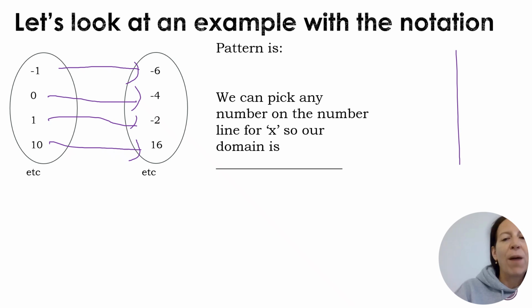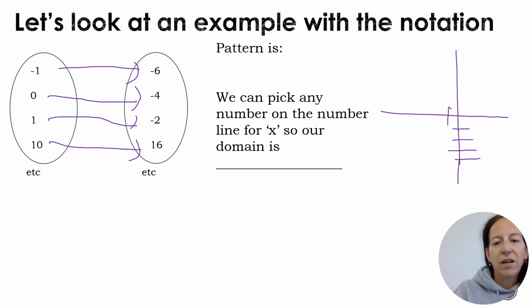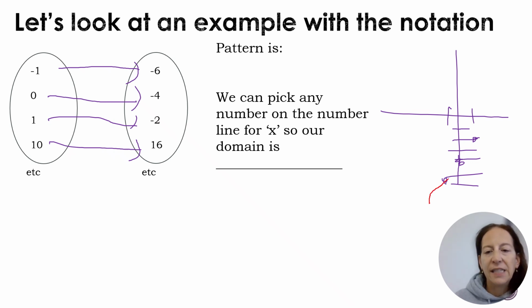What I would probably do, honestly, if I didn't know and have it in front of me, is I would graph it. So we got -1, that's -4, 5, 6. So there's a point down here. 0, -4, 1, -2, and 10, 16, I can't really fit on there, so I'm going to leave it at that. And what I noticed is that it looks like a line.